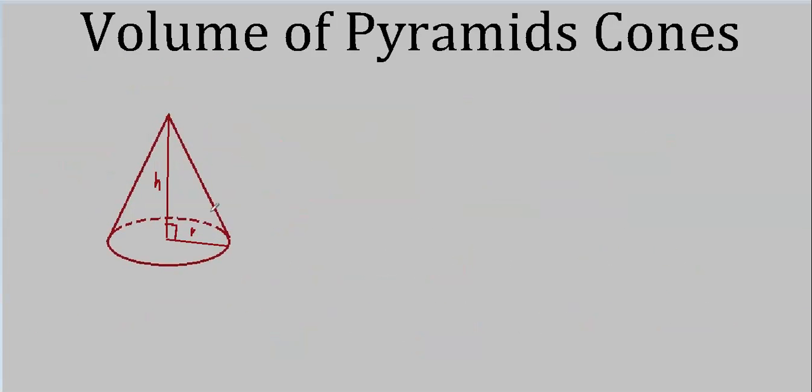For a cone, we get exactly the same thing. We get the base, or let's say the area of the base. For a cylinder, we would have the area of the base times the height. This is a cone. But just like with the pyramid, all we have to do is stick a 1/3 in front of it, and boom, we've got the volume for the cone.